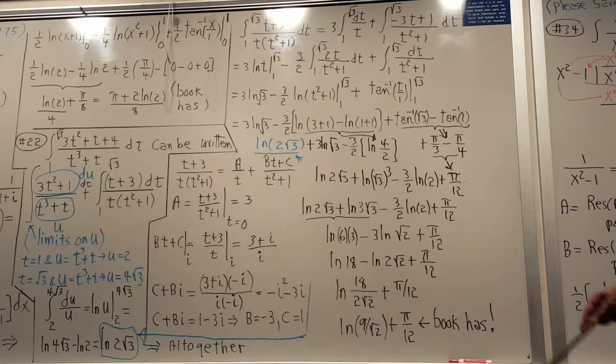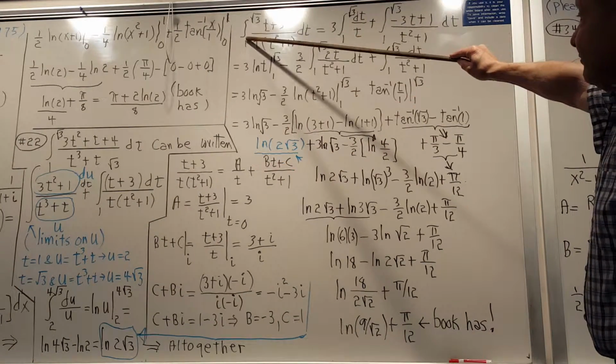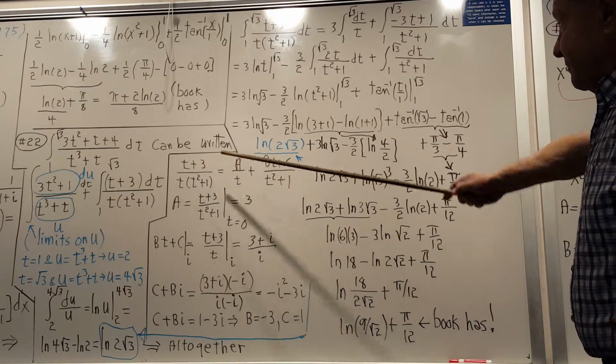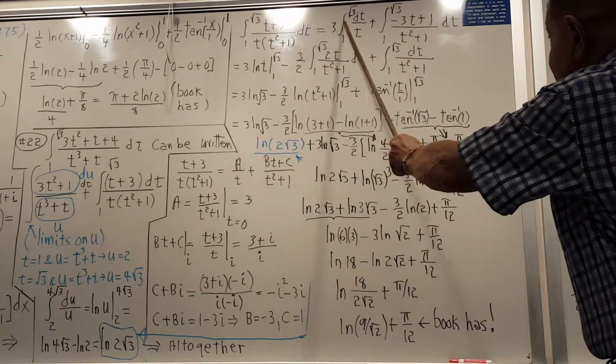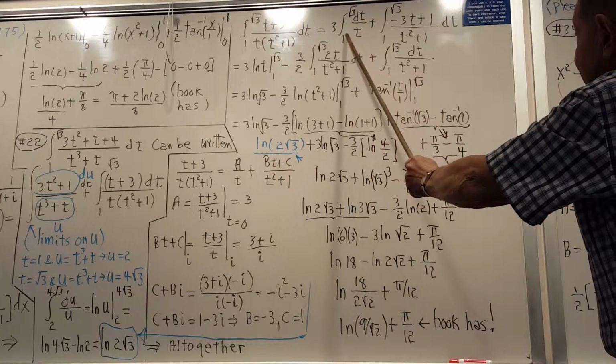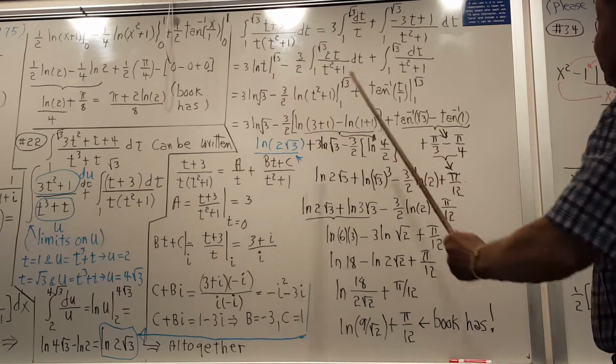So that means then that this part of the problem with the limits 1 to root 3 would be the a, which is 3, dt over t from 1 to root 3. Okay, that's going to be logarithm.